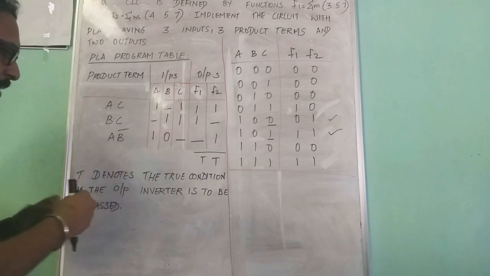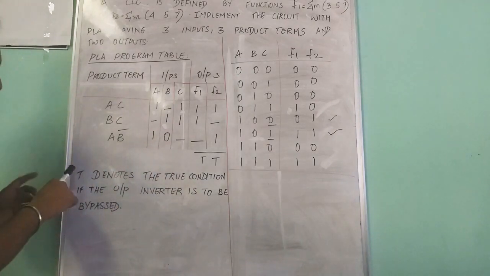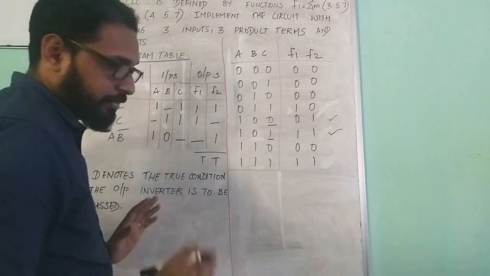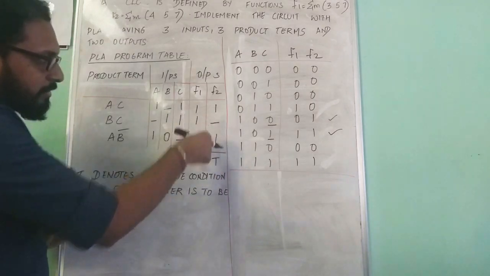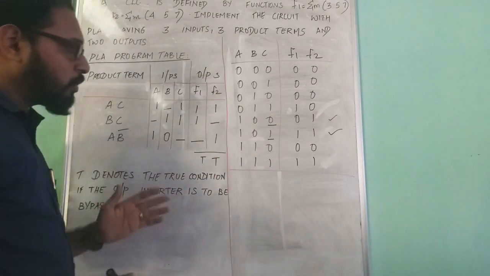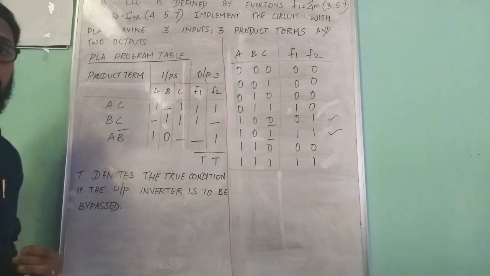So if it's difficult for you to memorize, just write T denotes the true condition. That is enough. Okay, so understand how we constructed this PLA program table.